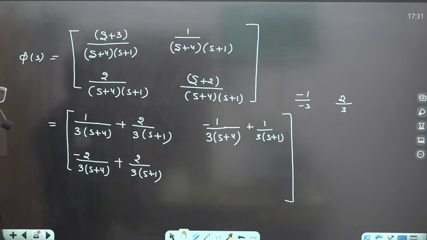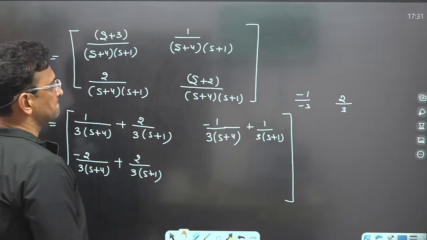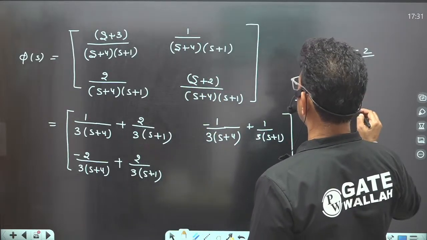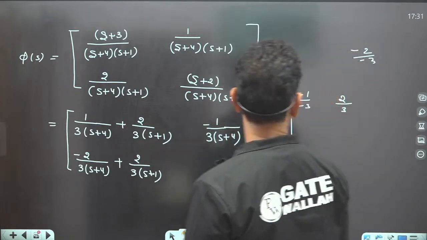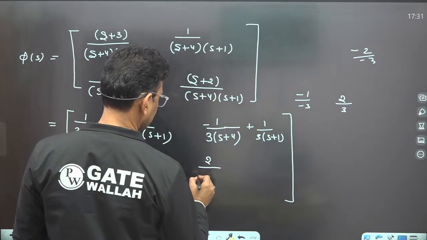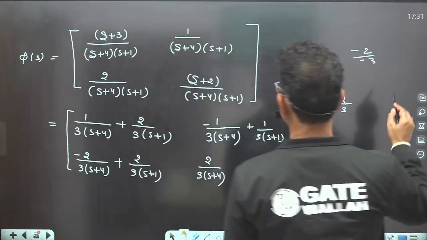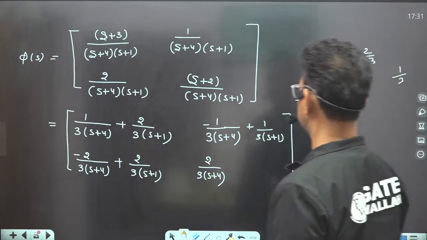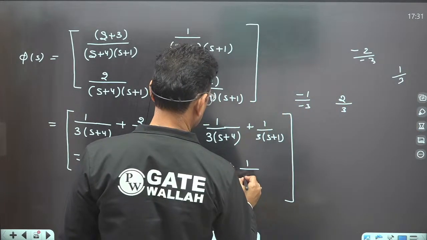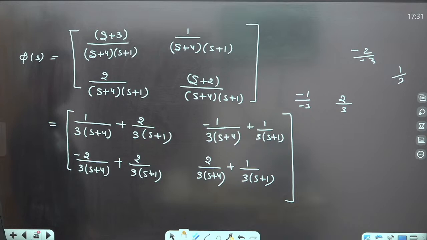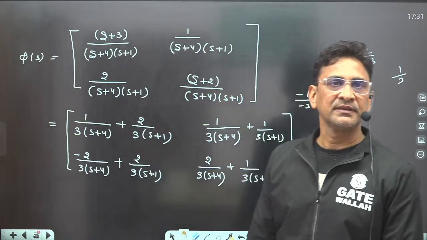Clear? Minus 4, minus 2, minus 3, 2 upon 3 (s plus 4), minus 1, 1 upon 3. Is it right? Clear?